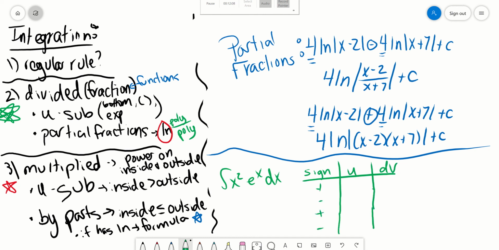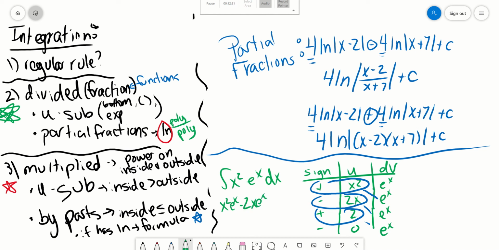Your u is the thing that gets simpler, so your x squared, 2x, 2, and you stop at 0. And then your dv you take integrals of. And then remember, when you go to write your answer, you take the first 2 and multiply it by the diagonal 1. So our answer here would be x squared e to the x minus 2x e to the x plus 2 e to the x plus c.